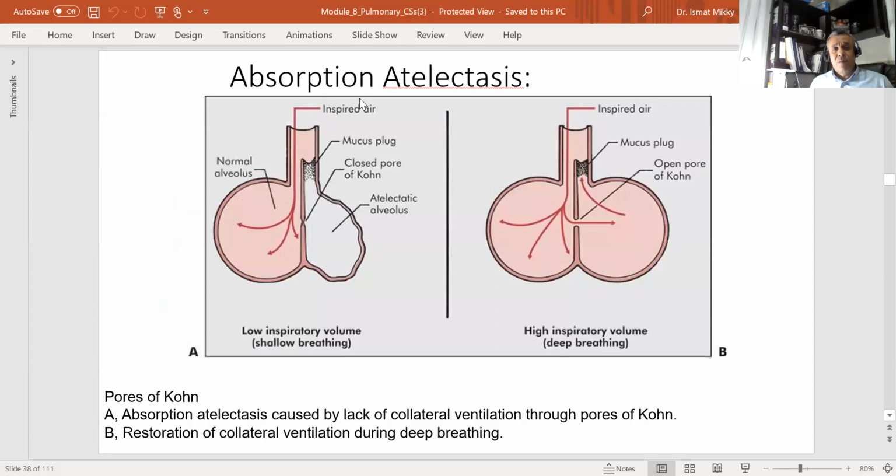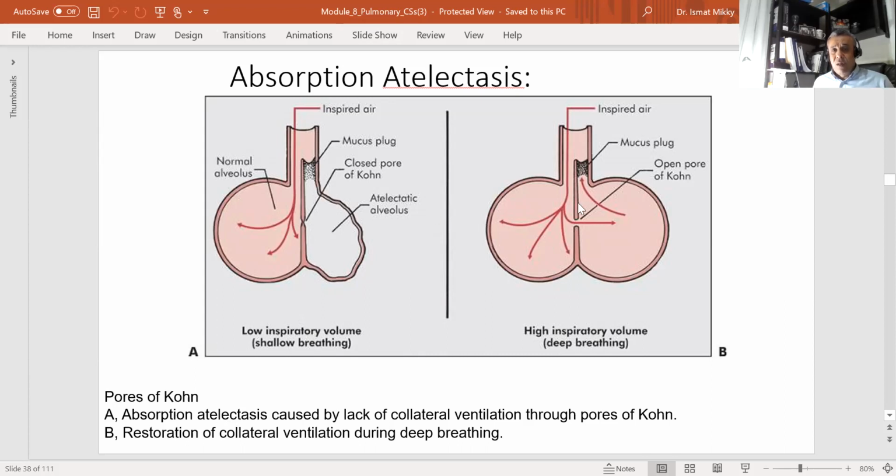Atelectasis, two different types of atelectasis. A describes the absorption atelectasis, and then B is the restoration of the collateral ventilation during the breathing.